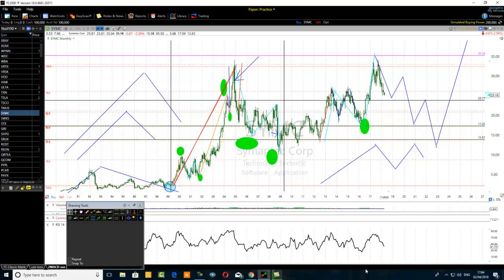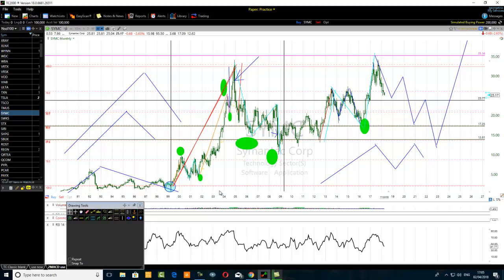There is another way that we can use this broader viewpoint of Elliott wave forecast. Symantec belongs to the Nasdaq 100, yes or no? So it's a component of the Nasdaq 100.